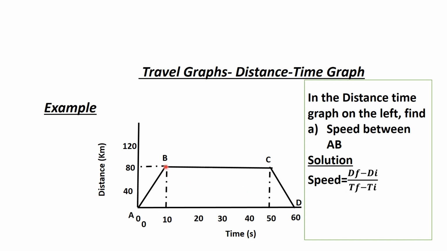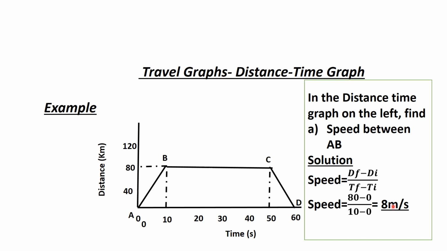So in this case, I'll choose point A and point B. Point B is 10,80 and point A is 0,0. Meaning that our final distance is 80 and our initial distance is 0. Our final time is 10, our initial time is 0. When we plug in and divide, we get the speed as 8 kilometers per second.